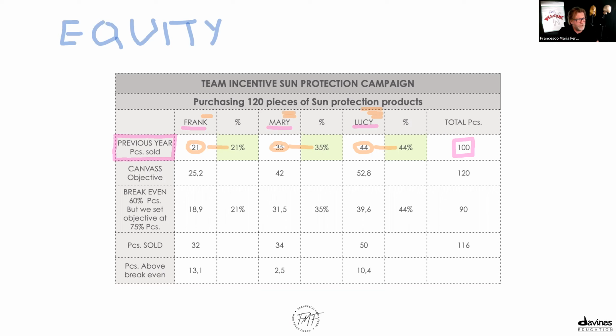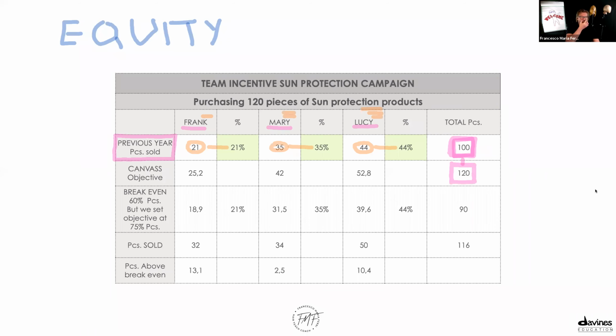So what I'm going to do is, if last year I sold 100 pieces, this year I want to do more. I'm going to increase my objective from 100 to 120. So 120 is the new objective.